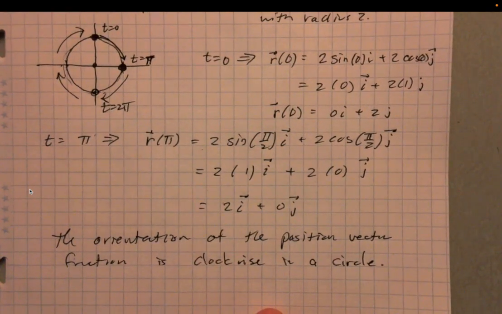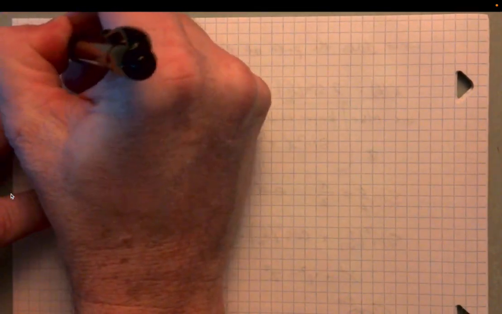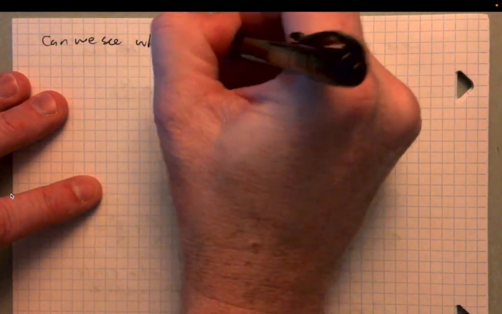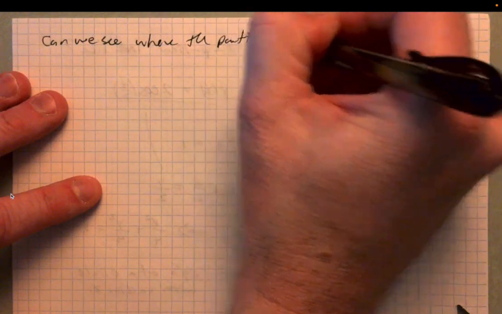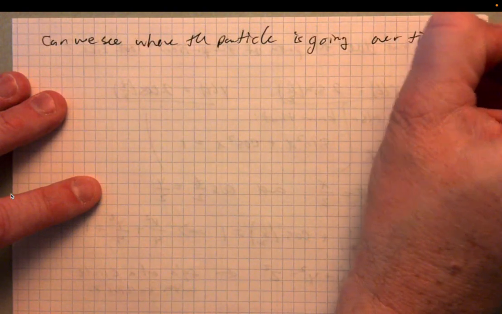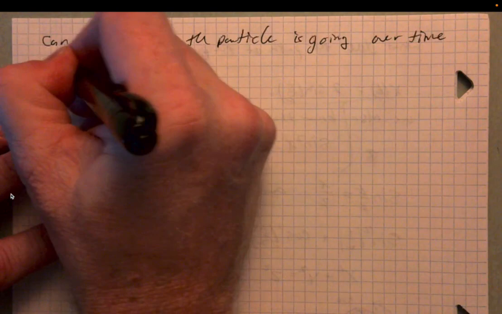Now, what happens with velocity and acceleration as t is changing? Okay, so this is a little bit more complex, but we can definitely look at this. So let's say can we see where the particle is going over time, and have the vector valued function, and how these vector value functions work together.